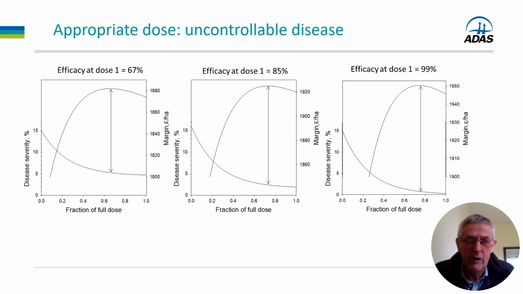And even if we were allowed to apply a substantially higher dose, we're mathematically close to an asymptote, which means that we could apply a very high dose and still not be able to control that final 1/3 of the disease. And the effect of that is to move the optimum dose a little bit to the left, but you can see the effect of this level of uncontrollable disease is actually pretty small in terms of the impact on the optimum dose.